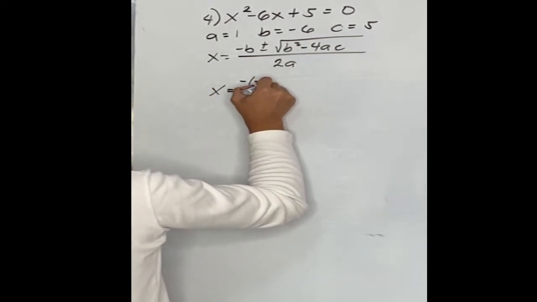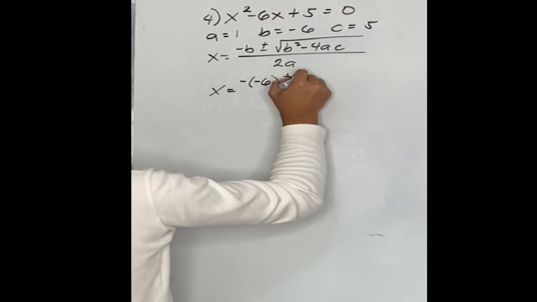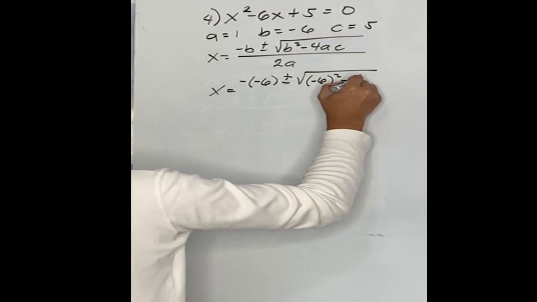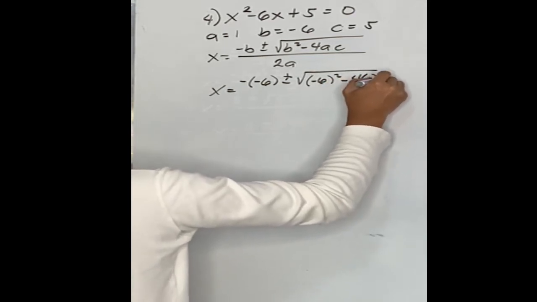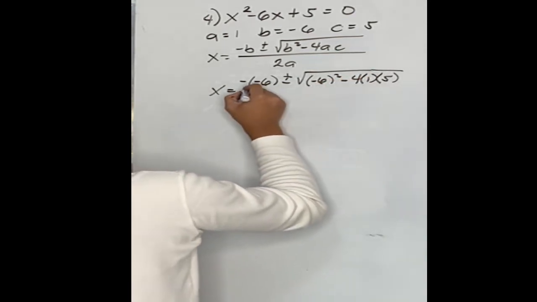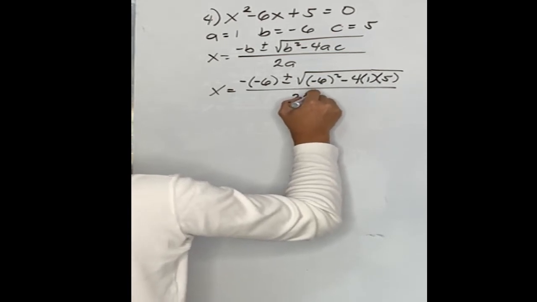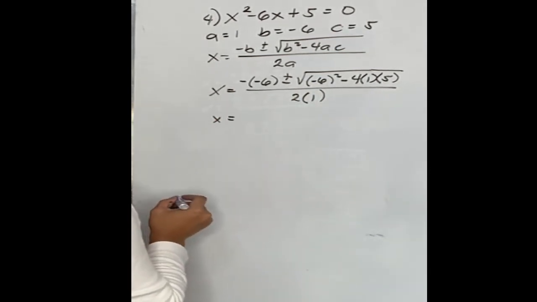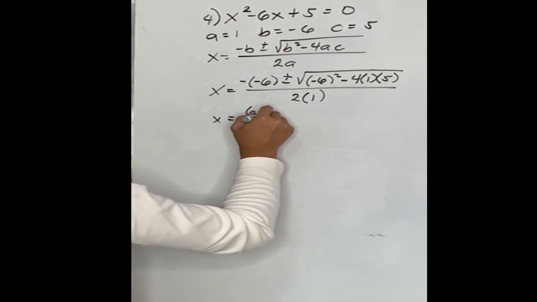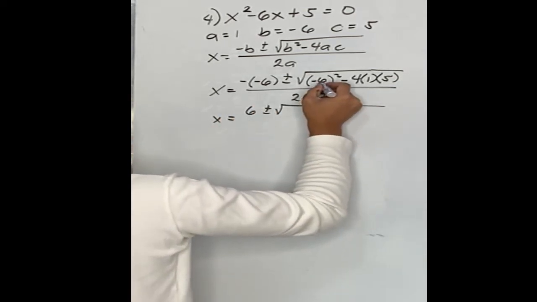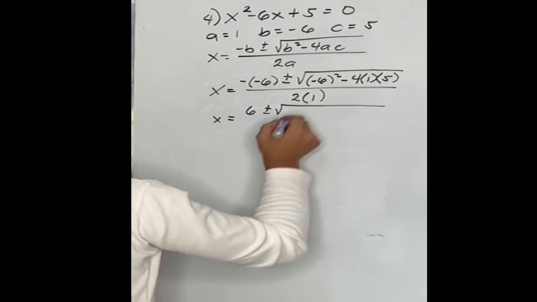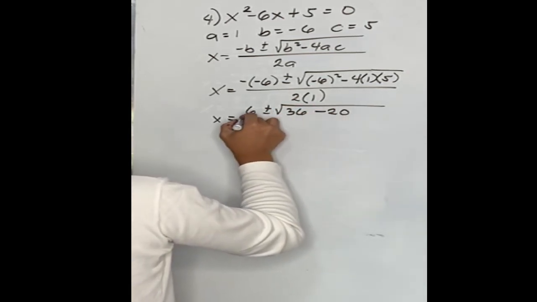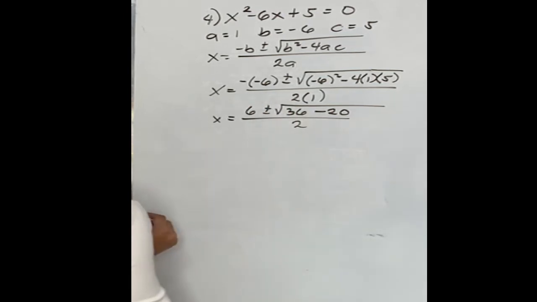X is equal to negative of negative 6 plus minus the square root of negative 6 raised to 2 minus 4 times 1 times 5 all over 2 times 1. Continuing our solution, you will get positive 6 plus minus the square root of negative 6 squared is 36 minus 20 all over 2.